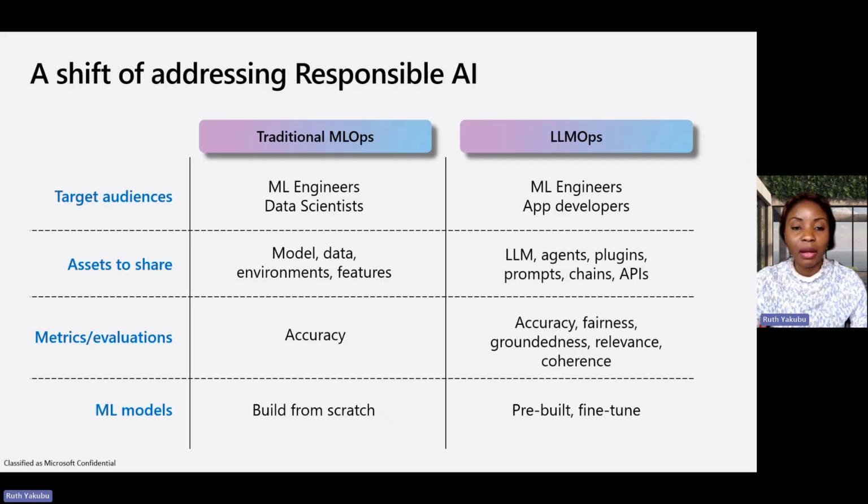You have a model, you have data, you have environments and features that you're working with. When it comes to performance metrics, you're looking at things like accuracy, you're building the model, you have data and you're building everything from scratch. Now in the world of LLMs, things are slightly different.